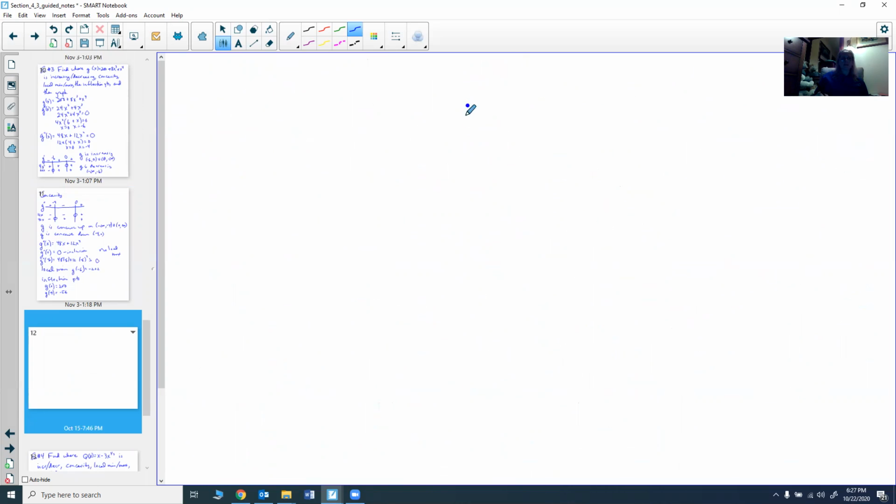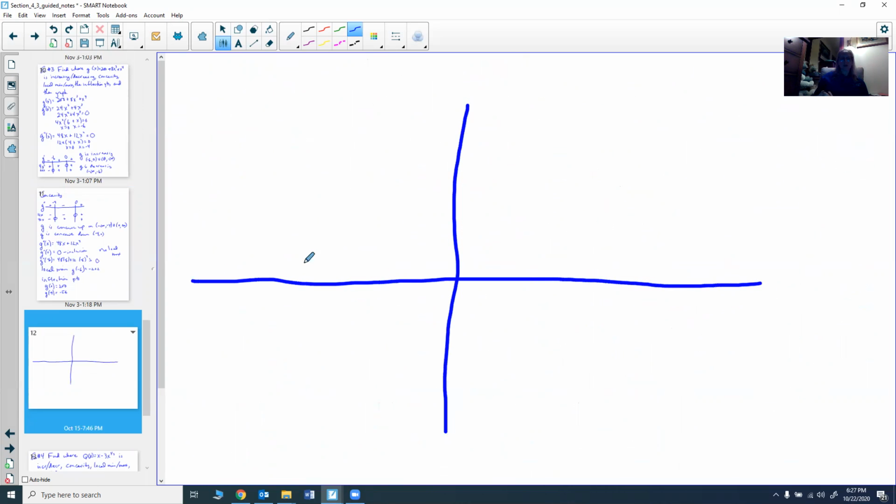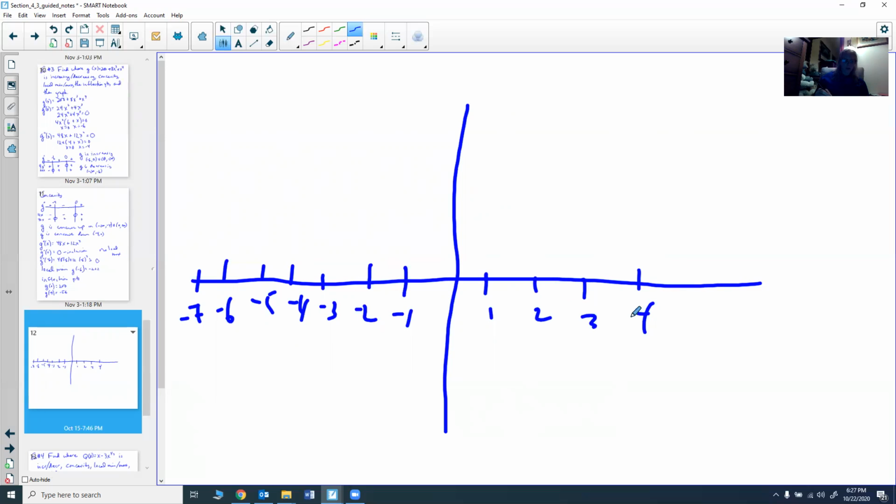So we need an axis. We are having negative 1, negative 2, negative 3, negative 4, negative 5, negative 6. Let's do negative 7. We'll do 1, 2, 3 on this side. What I also noticed is that my numbers were like negative 232 and negative 56 and positive 200.